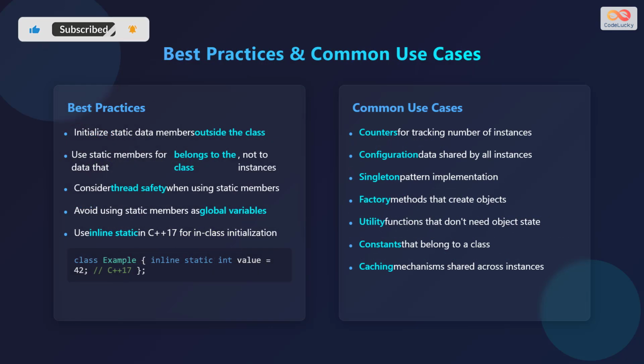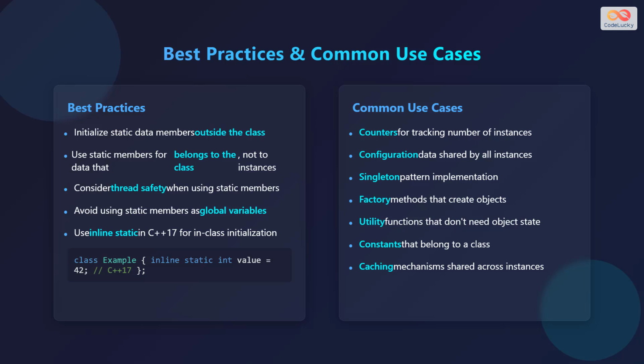Let's look at the best practices when using static members. Always initialize static data members outside the class. Use static members for data that belongs to the class, not to instances. Consider thread safety when using static members, especially in multi-threaded applications. Avoid using static members as global variables, as this can lead to code that is hard to maintain and debug.